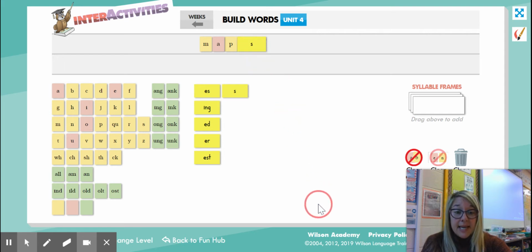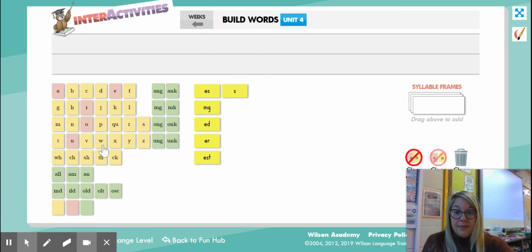That means I'm making it more than one. So if I change the word to maps, now I have more than one map. Maybe I have a map to the store and a map to my friend's house and a map around the amusement park. So that suffix s changes the word to be a plural.